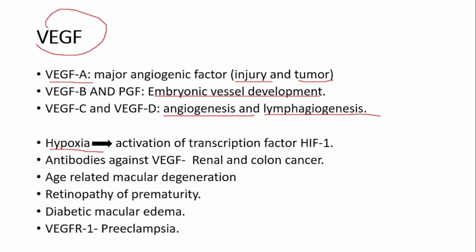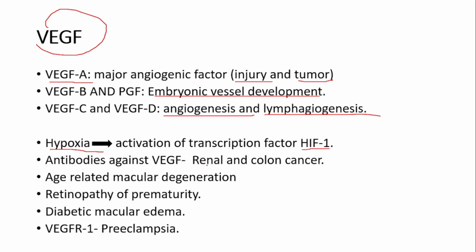That is, whenever there is hypoxia, there is an activation of a transcription factor called HIF1, which is hypoxia inducible factor 1. This leads to the increased release of vascular endothelial growth factor. And as a clinical application of this VEGF, various antibodies have been developed against it.